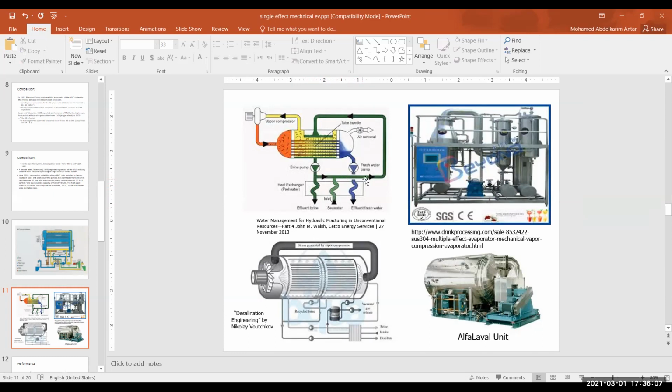The seawater is recirculated here upon mixing with the fresh seawater, so that you are making use of the pre-treated seawater. And this is an industrial unit, a photograph of that unit here. And again, a sketch of this unit, and another photograph of a small scale unit found here.